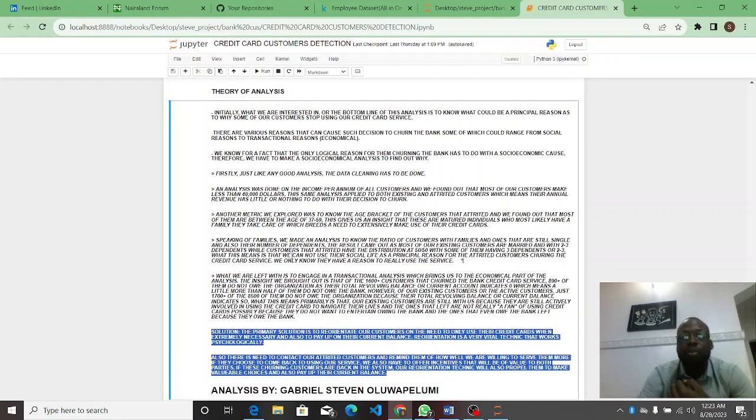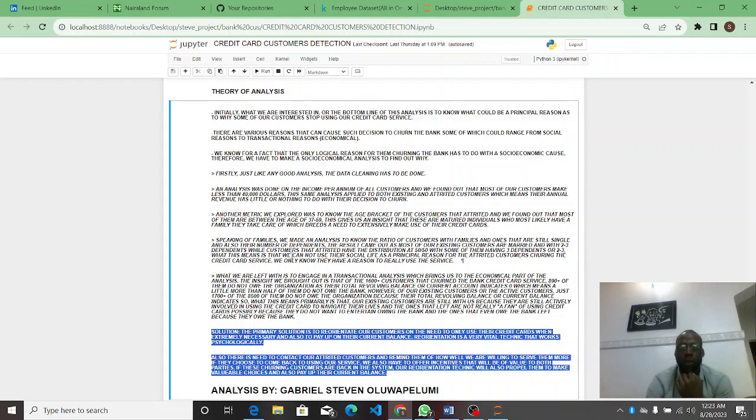Before they made use of the credit card, they must have been oriented to know how a credit card works. But we have to spend some amount of money to reorient our customers on how to actually make use of their credit card. They shouldn't use their credit card when not necessary. They should only use it when it's extremely necessary.